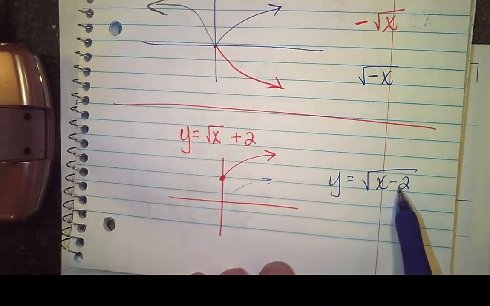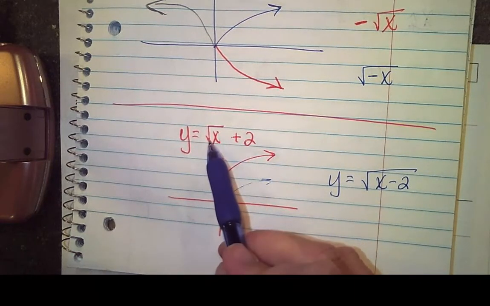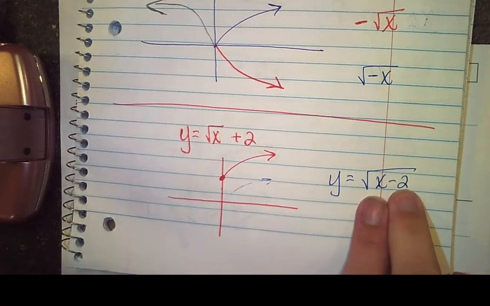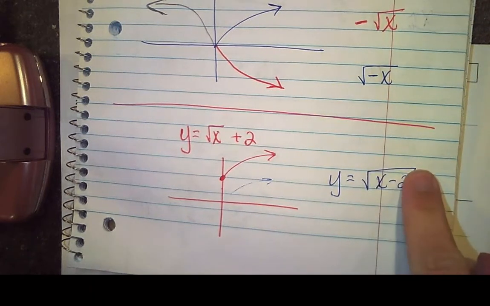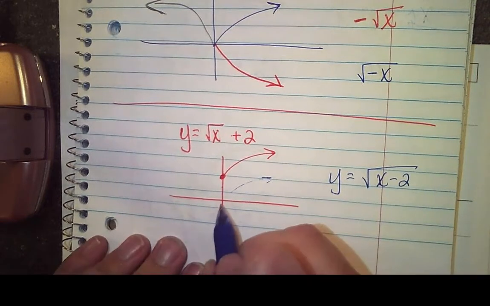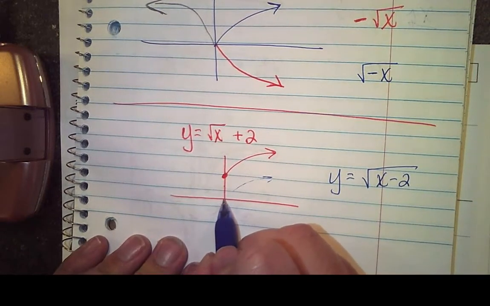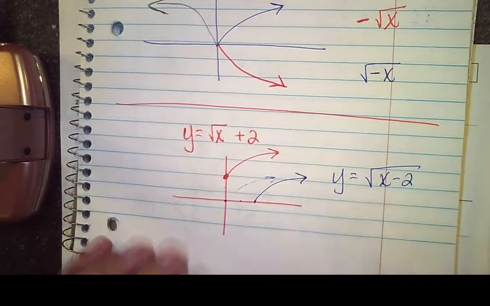So first of all, notice it's attached directly to the x. This one was attached to the square root of x. So if you've got addition subtraction inside of a grouping symbol where it's attached to the x, always go opposite. So I would start here, but now I'm going to go right 2 units. So 1, 2, plop it down, and there you go.